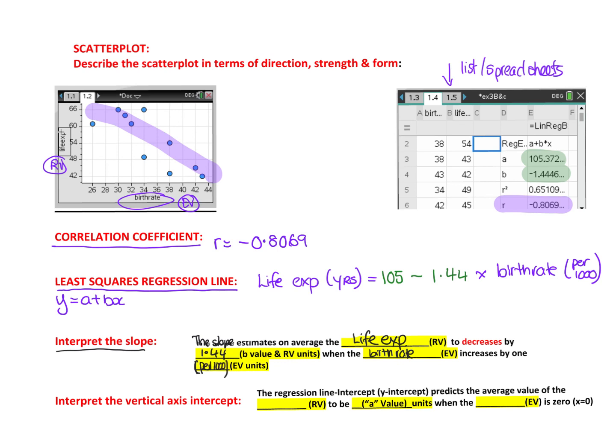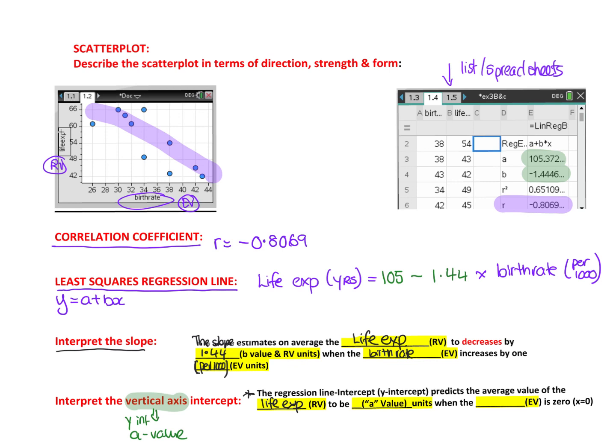Okay. Then we're asked to interpret the vertical axis intercept. That's another way of saying the y-intercept, or we know it as the a value that they're talking about. Okay, so if we go to interpret that, once again, we've got a little template. We're going to write this out. So the regression line intercept predicts the average value of the life expectancy to be the a value.